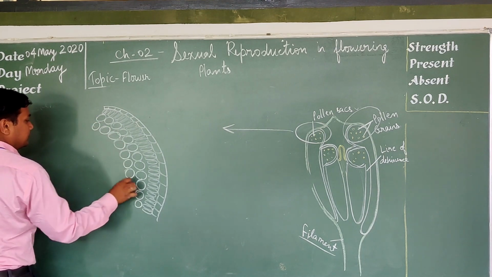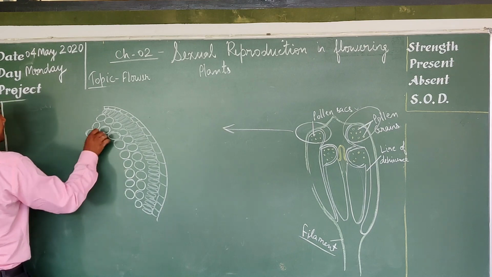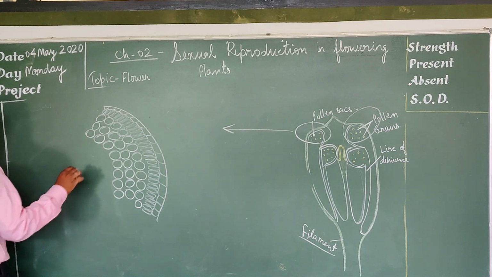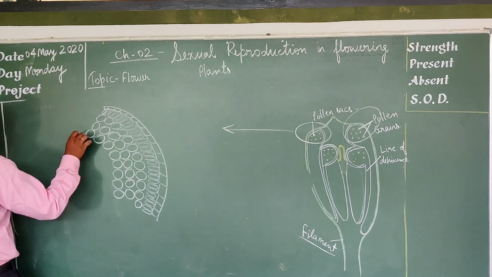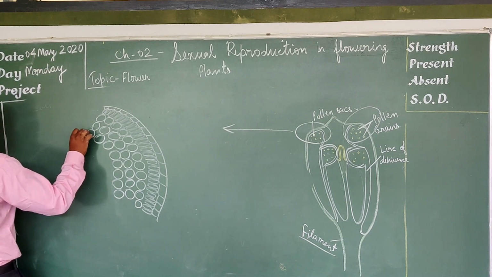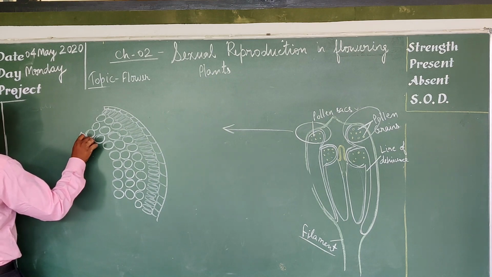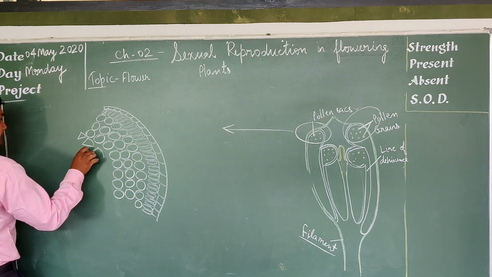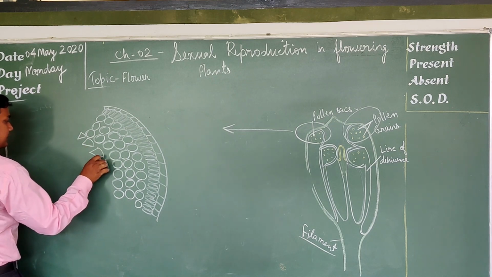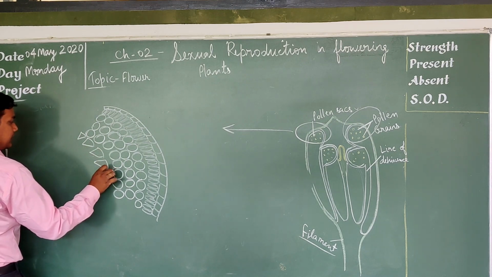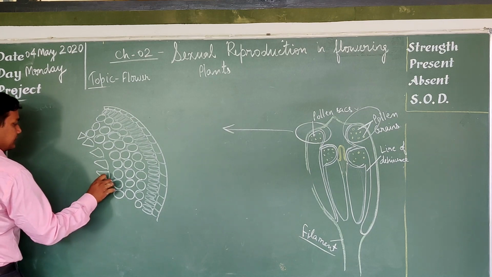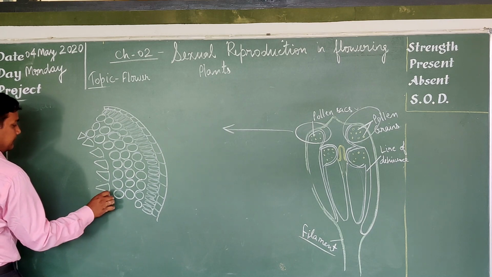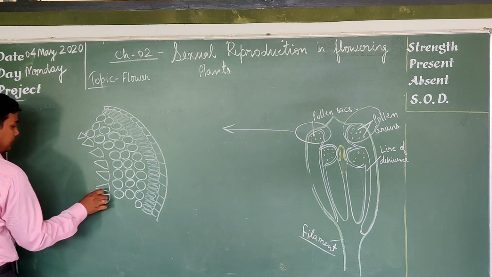Inside, the innermost layer is conical in shape, and it is known as tapetum. Tapetum is a layer which provides nourishment to the developing pollen grains.